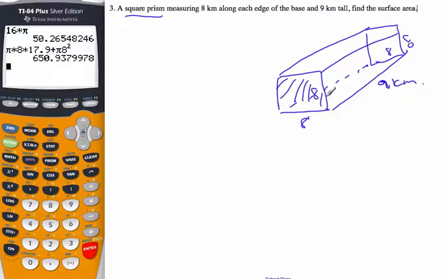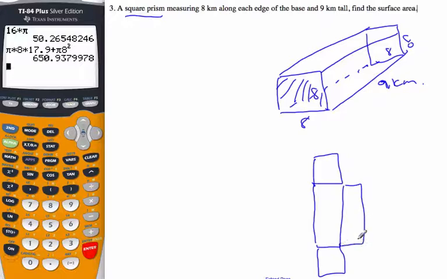Now, if I want to find the surface area, what I typically do is open this figure up and see what I see. I'm going to start with that square base, and this thing's called a net. It's sitting on the bottom, then the square on the back, and then it has these rectangles along here.